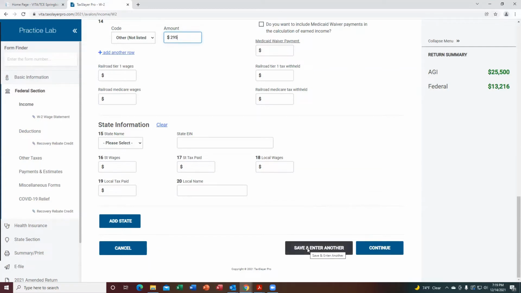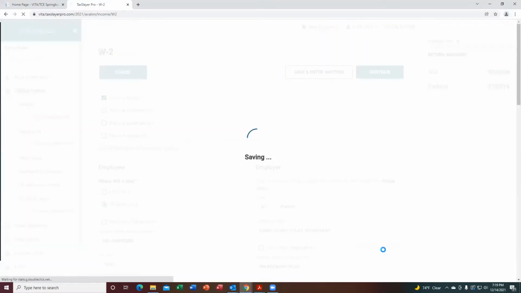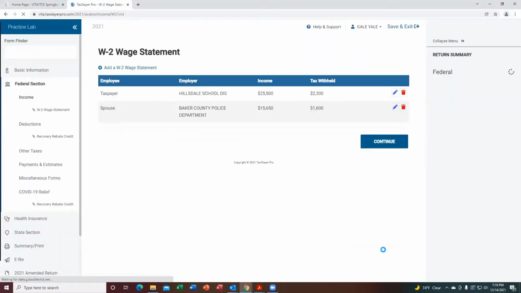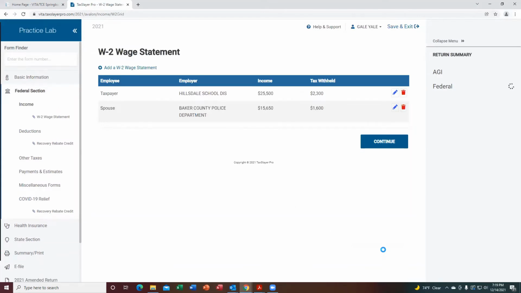Save and continue, actually, because I don't think we have another W-2. So again, you start seeing the information here changing as you enter the information.